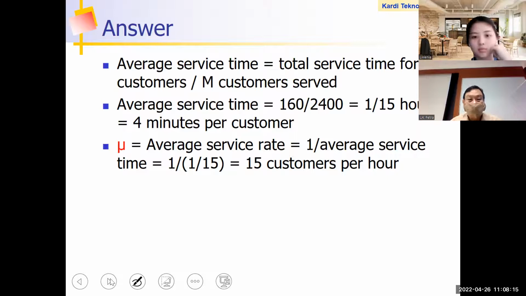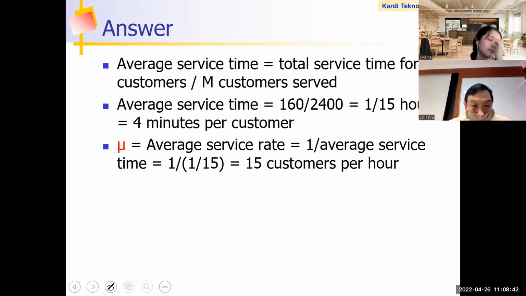Service rate is 15. So be careful when we say mu here. It's not the service time, it's the service rate. Lambda is the flow. Mu is also flow. Is it clear or not? The notation first, otherwise you will get confused later.